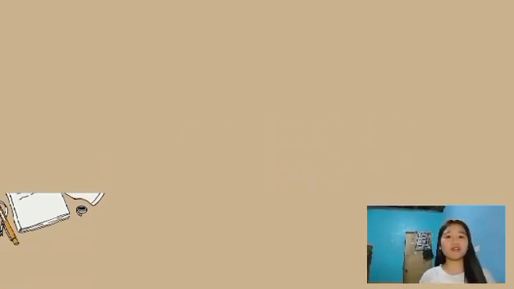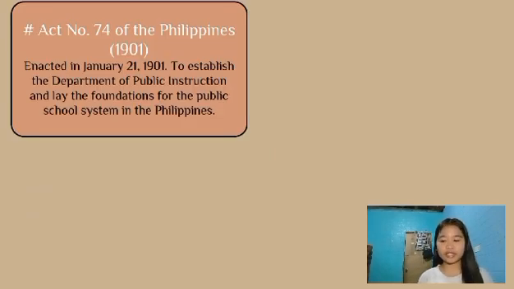Act number 74 of the Philippine Commission, January 21, 1901, was enacted into law by the Philippine Commission. The Act created a Department of Public Instruction and laid the foundation of the public school system in the Philippines.